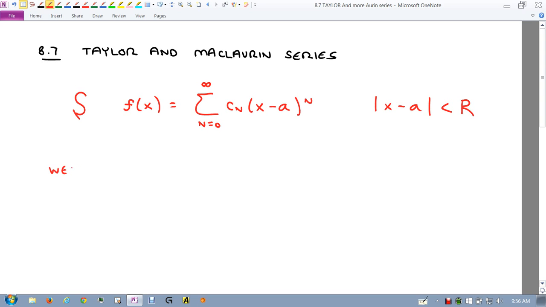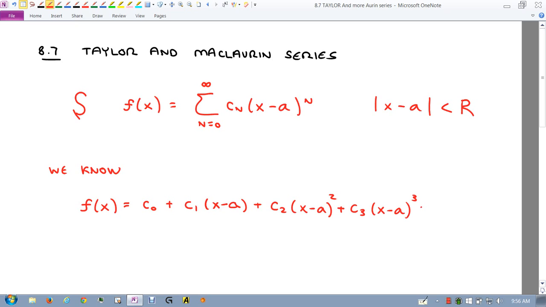We know that f of x, if we expand that power series out, is c sub 0 plus c1 x minus a plus c sub 2 x minus a squared plus c sub 3 x minus a cubed plus c sub 4 x minus a to the 4th plus dot, dot, dot, right? That's what that function would look like if it was expanded out. Yes?